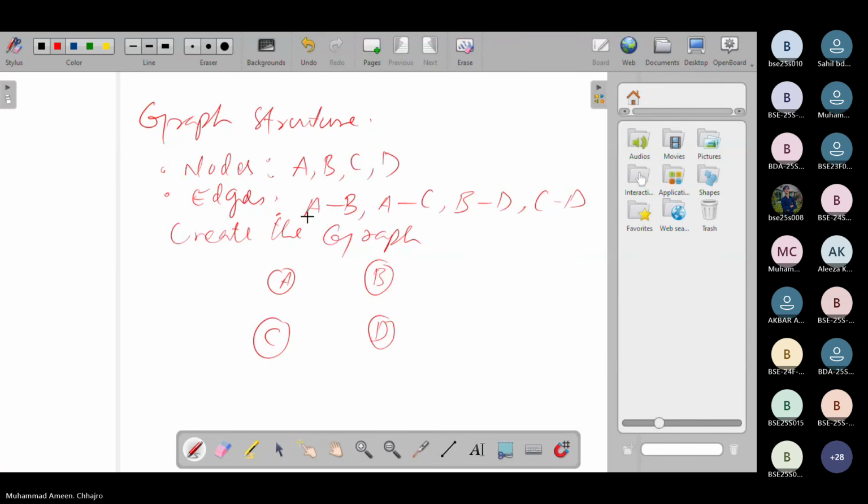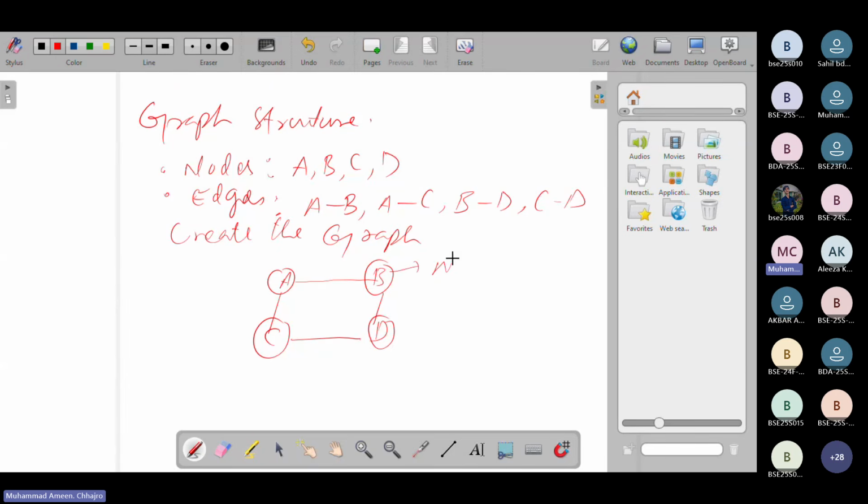So now there are 4 nodes, so we have just plotted these nodes. The nodes in the graph are connected with the edges. So the first edge that is connecting is AB, AC is the second, BD, and the CD. So this is a very simple graph.